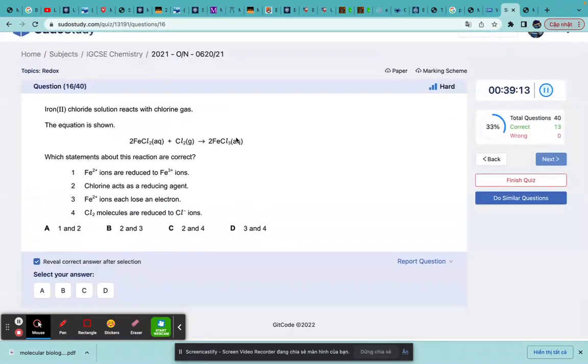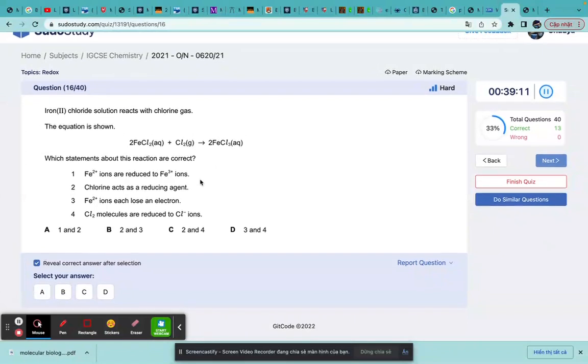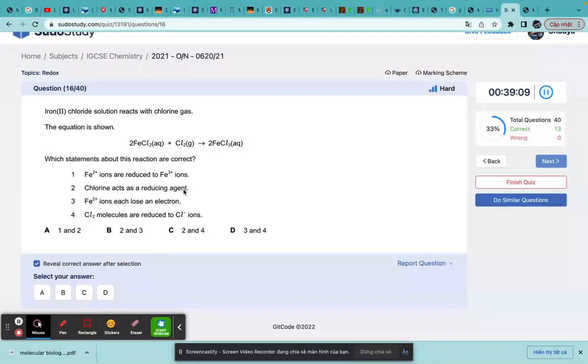The chloride reaction. Fe2+ ions reduced to Fe3+ ions. Fe2+ plus each loses.